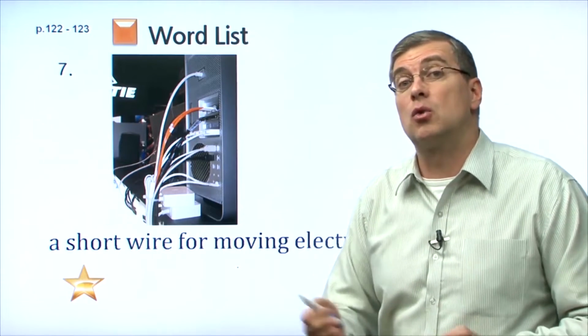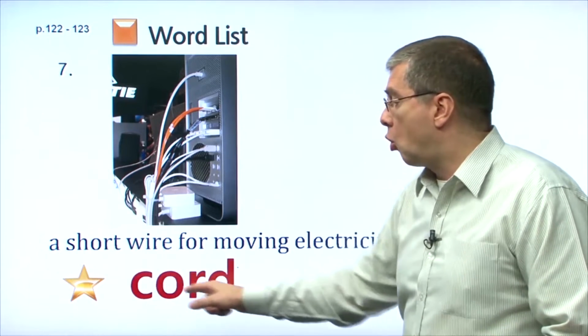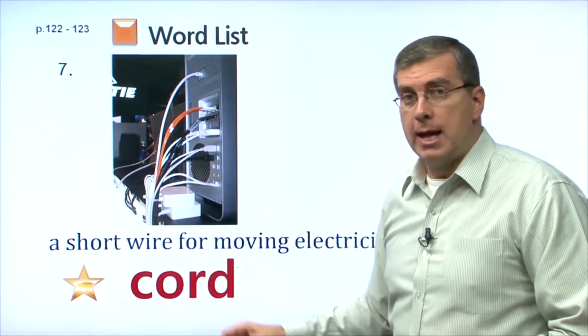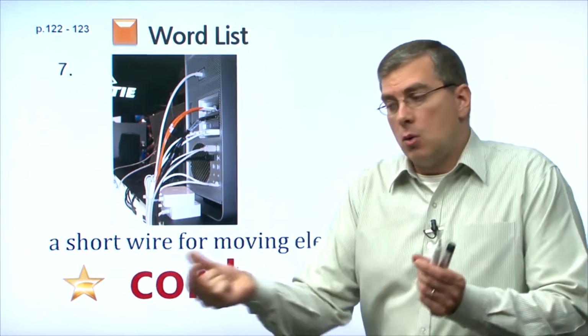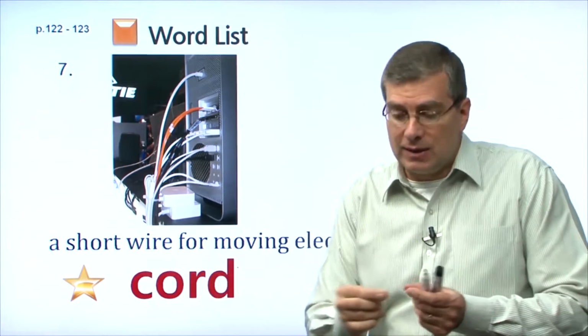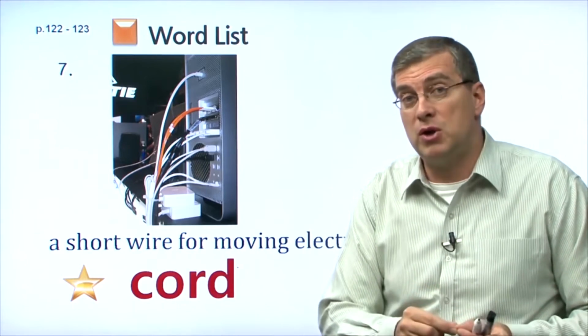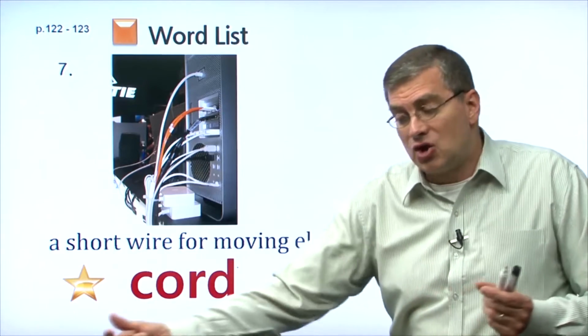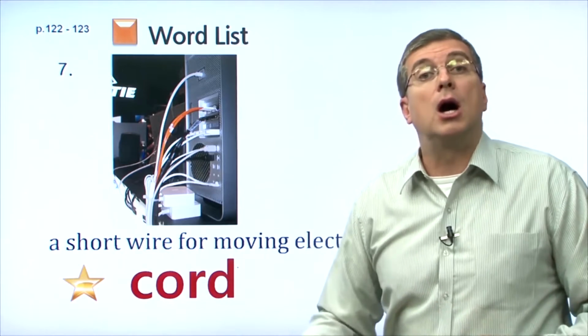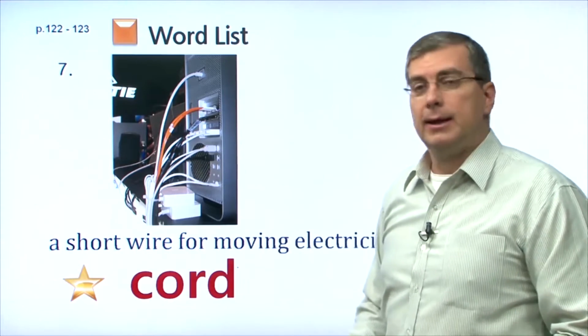We have a special word for that. That word is cord. A cord is a small wire with two ends. You put one end in the outlet, the other end goes into your device, into your computer or smartphone. That short wire we call a cord. Okay, let's move on.